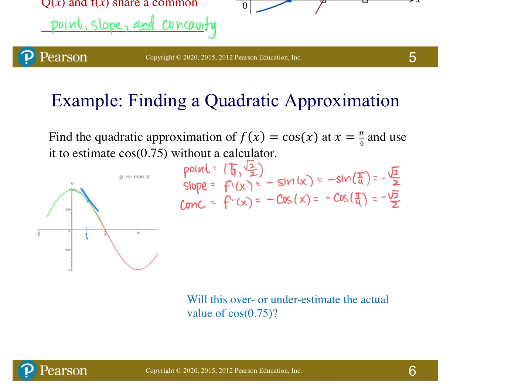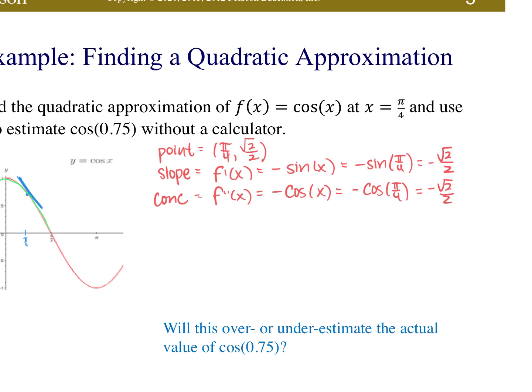So if we're going to build out the equation, what is q of x? This is the quadratic approximation, so it'll be 1/2 of the second derivative, so negative rad 2 over 2, times x minus pi fourths, and this is squared, and then minus the first derivative, which was also negative rad 2 over 2, times x minus pi fourths to the first, and then plus the y value.